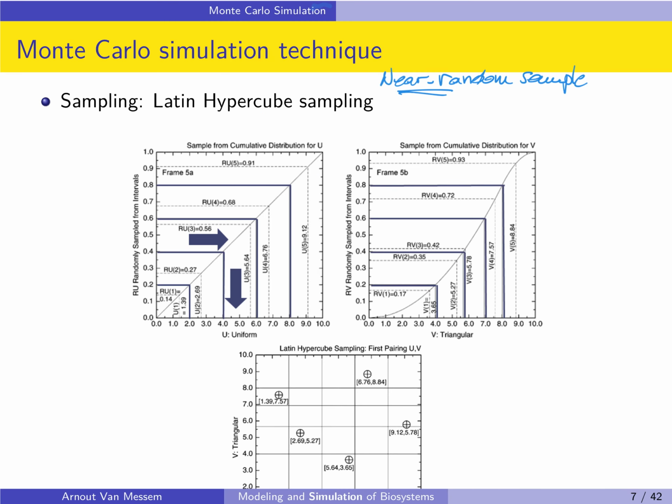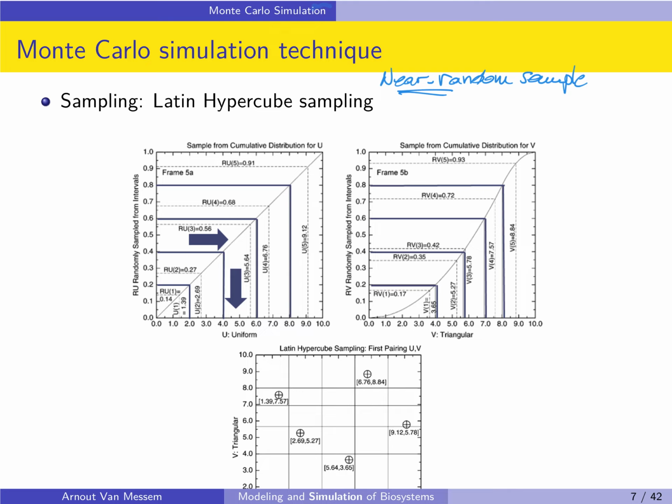If we then perform this on our example, so U is still the uniform distribution on 0, 10, V is still a triangular distribution on 0, 10, we divide each of the ranges of the probability into 5 parts, and in each of those subintervals we take one random value and we find the corresponding value of the variable.